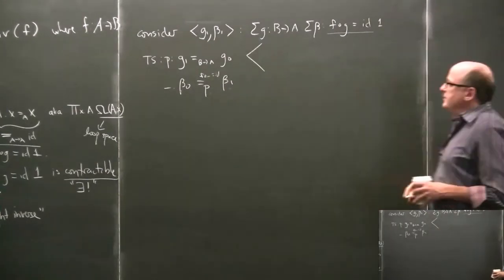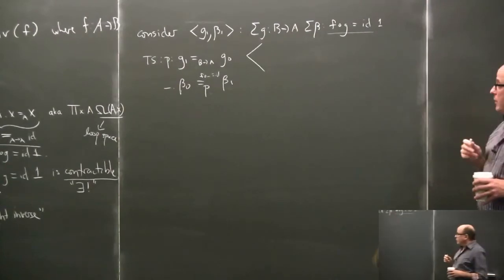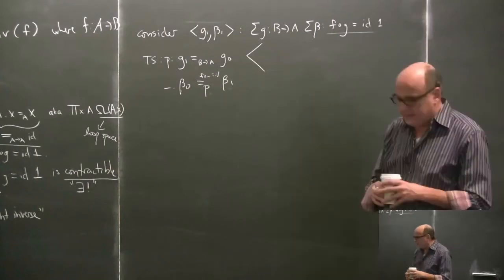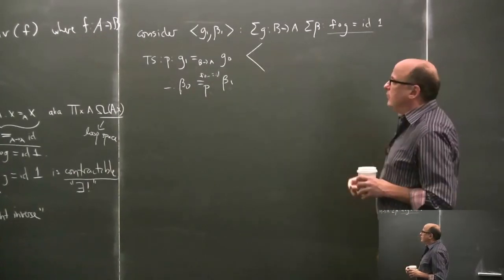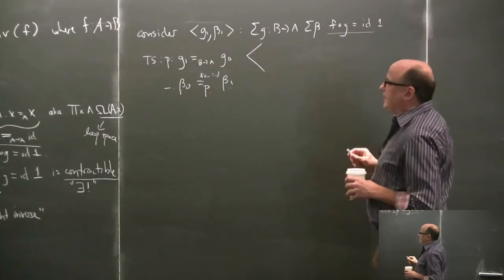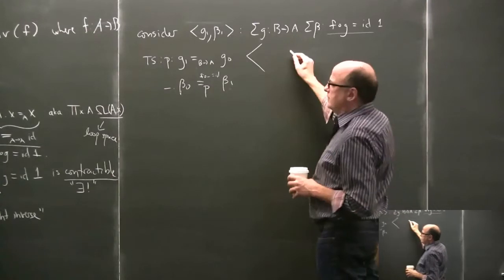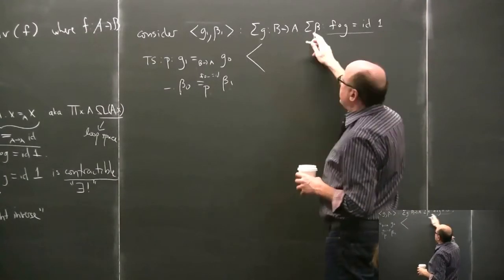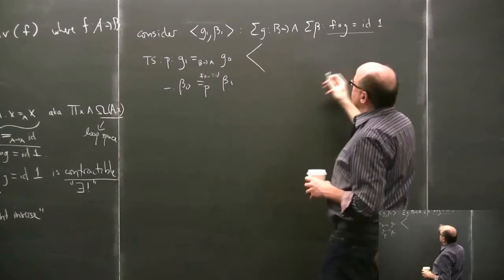So let's look at this guy. We want to show that G1 is equal to G0. So what do we know? The idea is that we have another right inverse. So we have G1 in here, and we know that G1 is a right inverse.